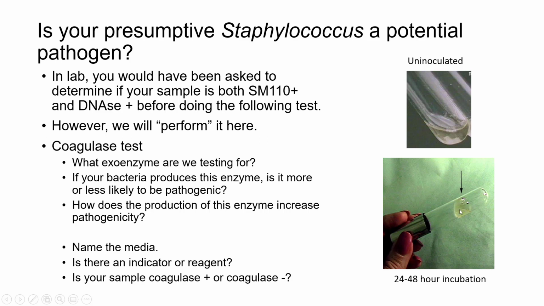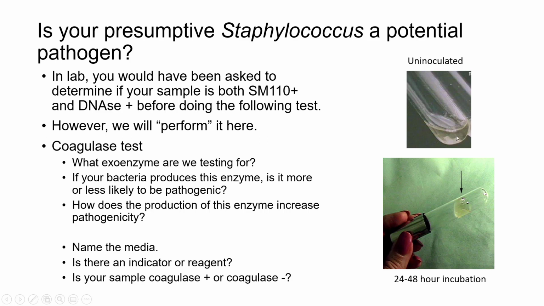But if you take rabbit plasma and you put a little loopful of bacteria in there and you let it go for 24 hours at 37 degrees, if it is a Staph aureus, it will turn that plasma into sort of a gel. It will coagulate or kind of turn it into kind of a semi-solid blob.